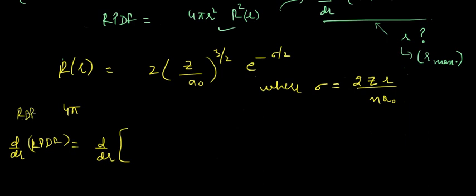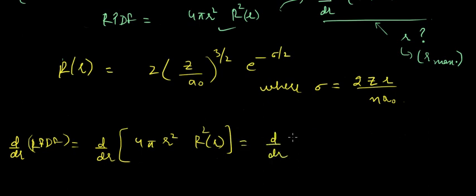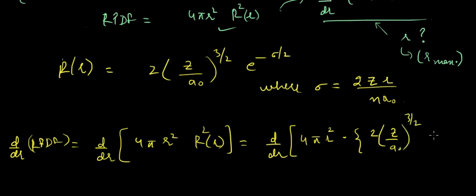RPDF is, let me write it down here itself. It is nothing but 4 pi r square times capital R square. So it would be d by dr of 4 pi r square multiplied with 2z upon a naught to the power 3 by 2 e to the power minus sigma by 2, whole squared.